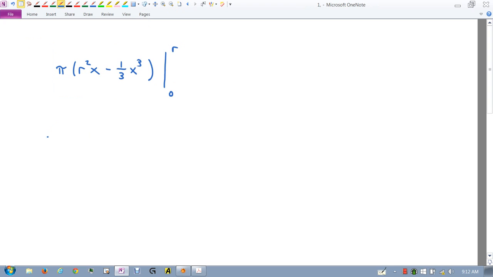So let's plug in r first. When we plug in r, which letter are we replacing here? The x. The r is still just a constant. So I'm going to replace all x's with r's. I get pi times r squared times r minus 1/3 r cubed. That's what I get when I plug in r. And then minus pi times r squared times 0 minus 1/3 times 0 cubed.